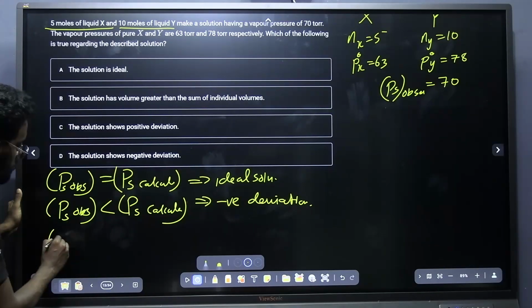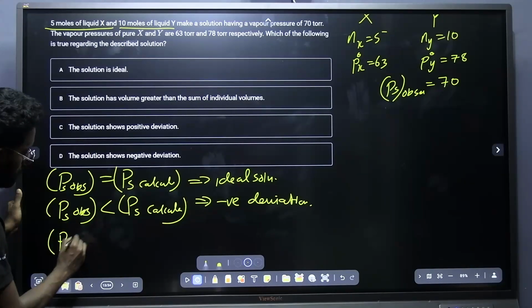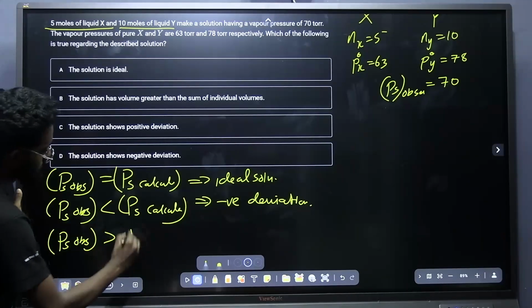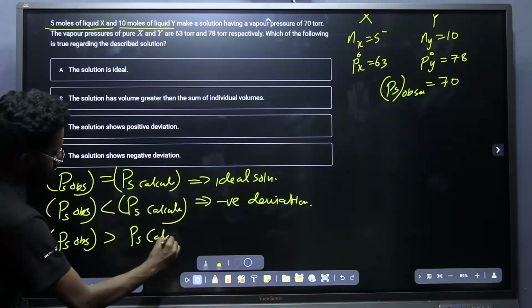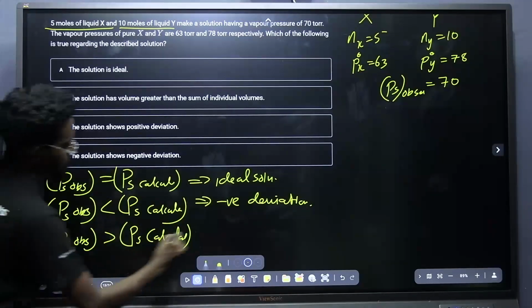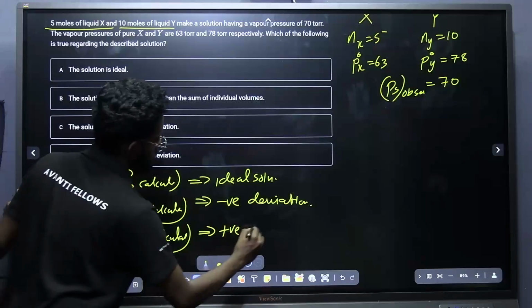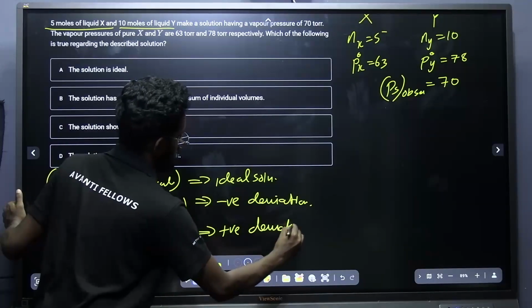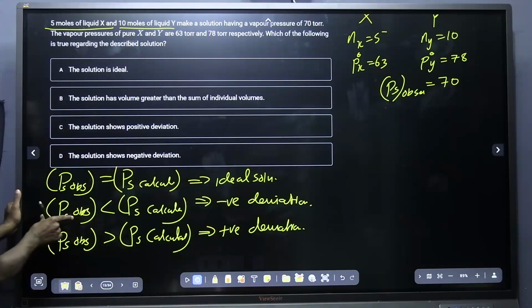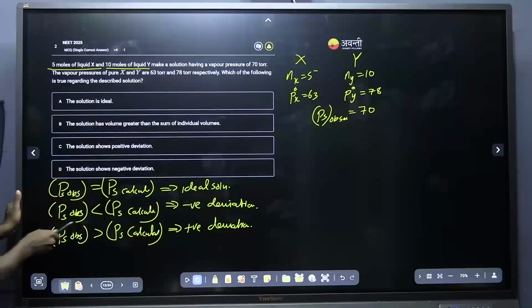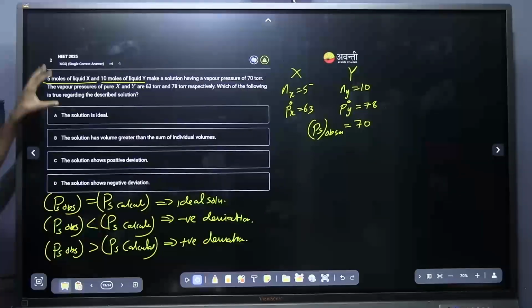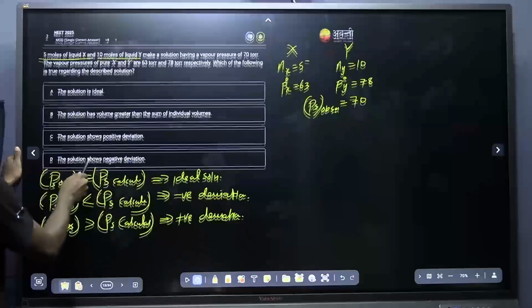And if PS observed is greater than PS calculated, it is positive deviation. Now we can see what is going to be followed by this particular data.